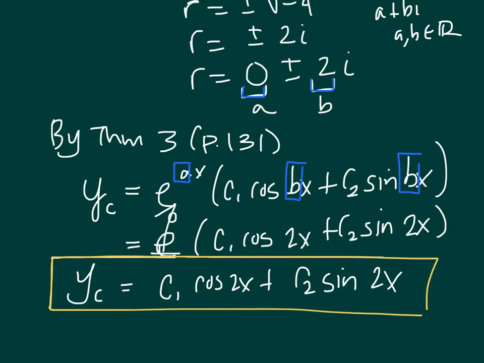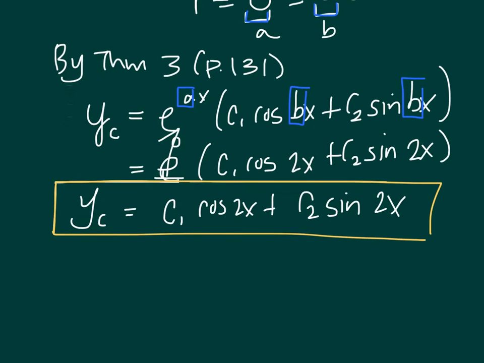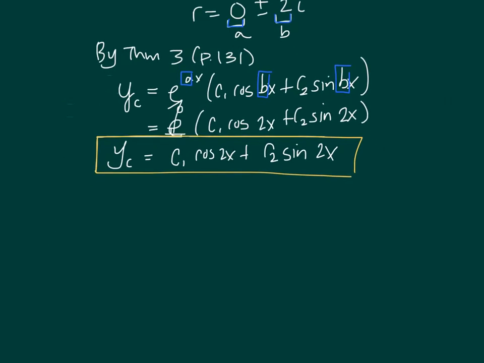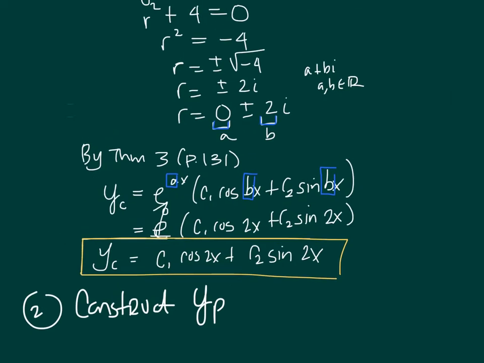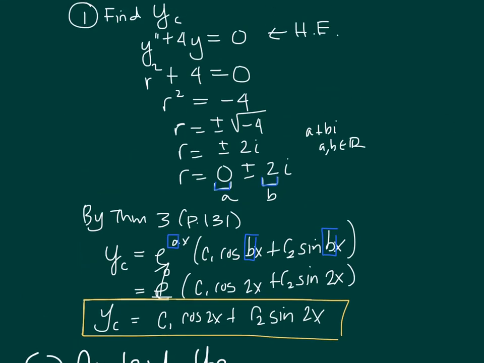So now let's construct a particular solution. Number 2, let's construct y sub p that is not going to be contained in this guy, because we don't want to duplicate things, we don't want to add anything that's already there.